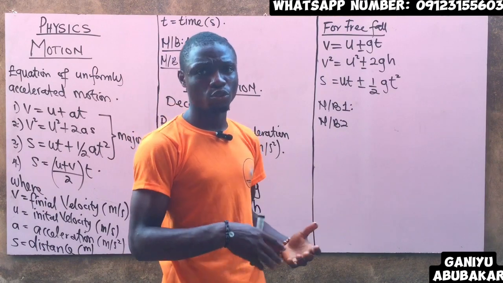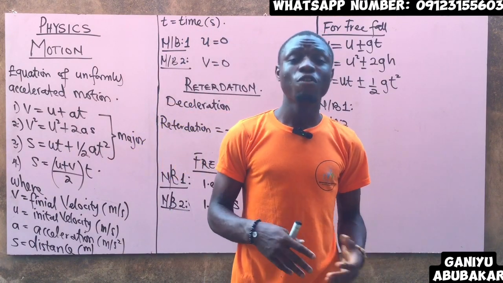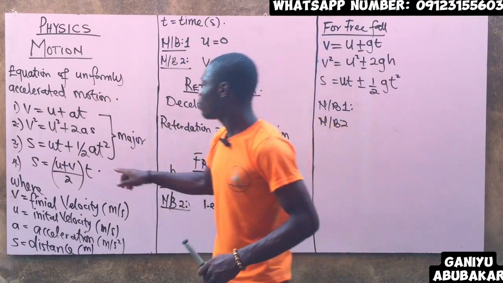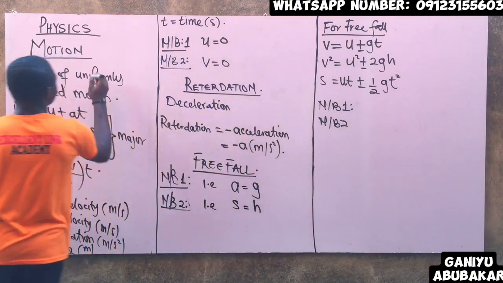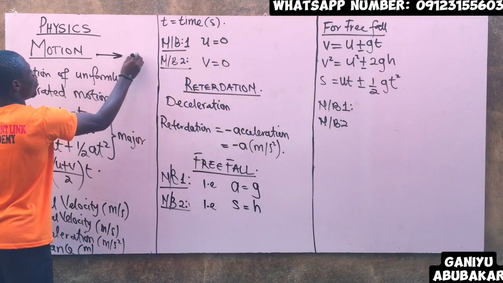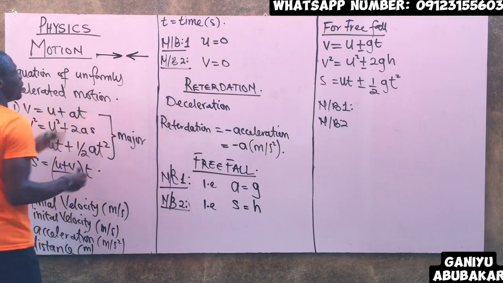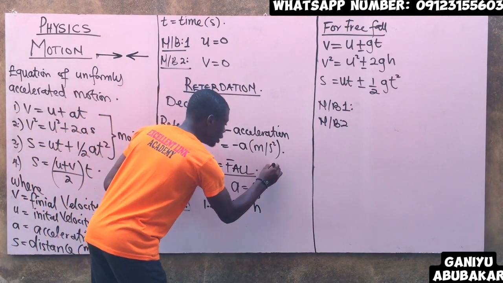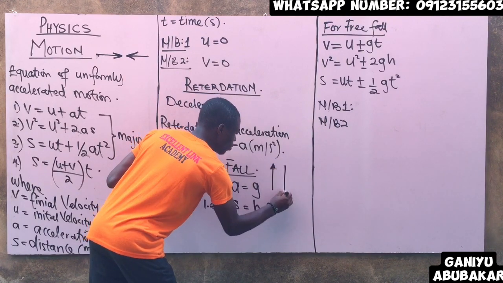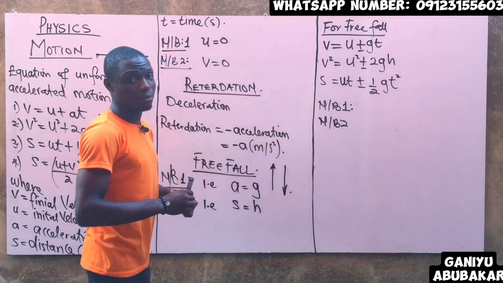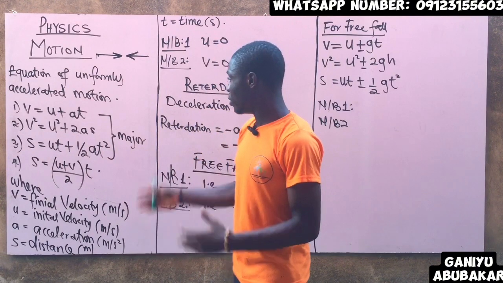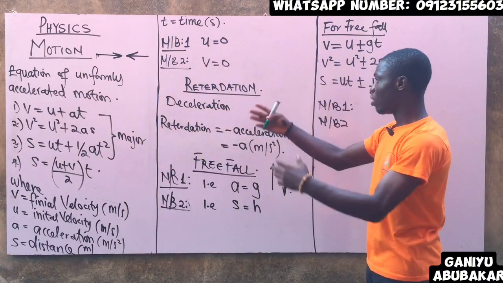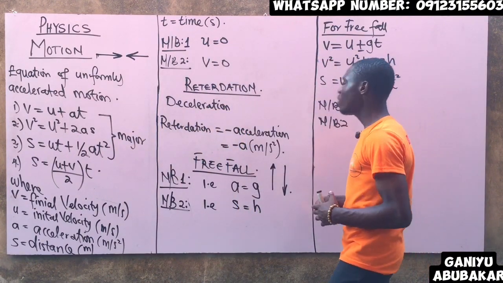Let me use a diagram to differentiate between the two for better understanding. For free fall, either the body is moving upward or downward. That's the difference between the two motions.